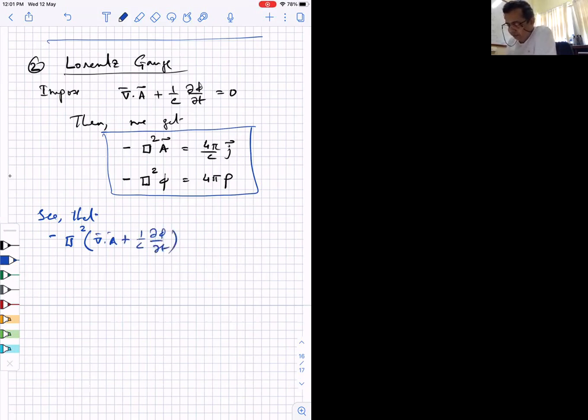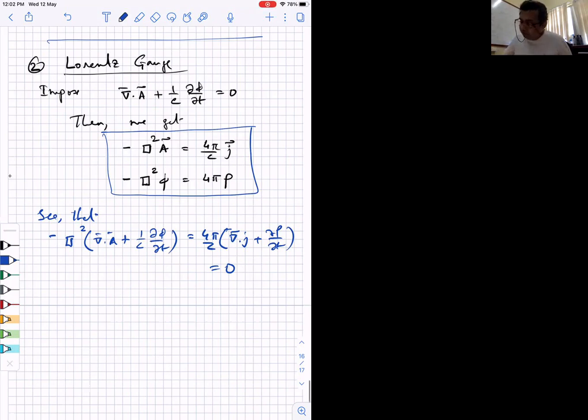Remember, this part is 0, so it has to come 0 on the right hand side also. This is nothing but 4 pi by C times the divergence of J plus del rho del t. So again, this means that charge is conserved. So in this way also, we can think of a conservation of charge over here.